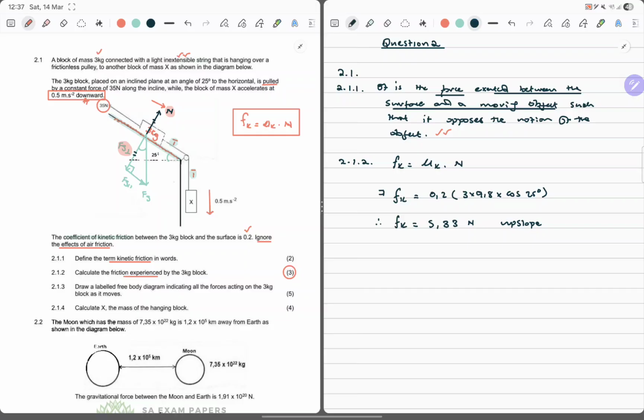So this is going to be upslope. Or, if you like, you can think about it and say this frictional force is 25 degrees north of west. You can say that, 25 degrees north of west.